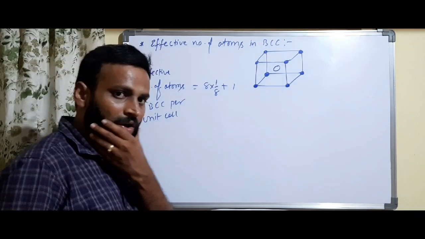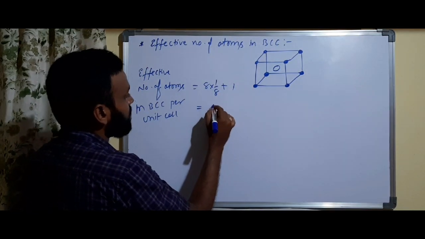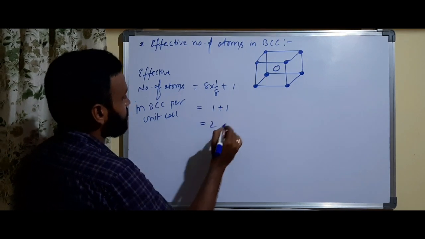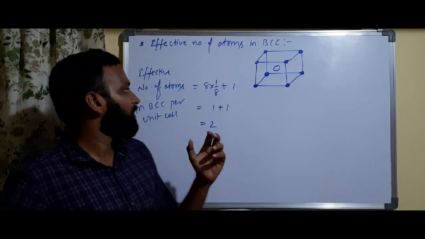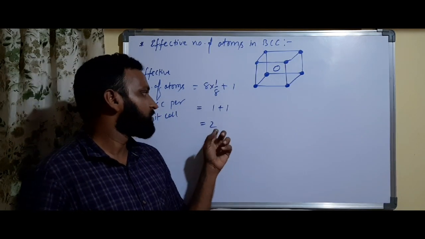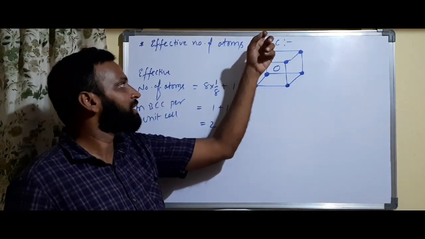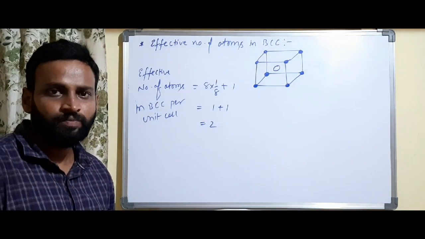That's it. So it is 1 plus 1, which is 2. The effective number of atoms present in BCC per unit cell is 2.